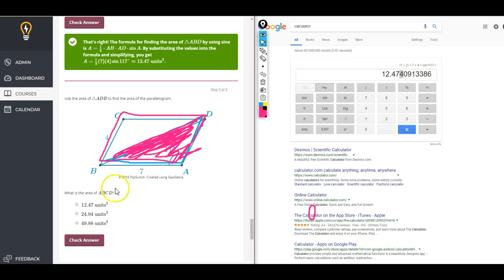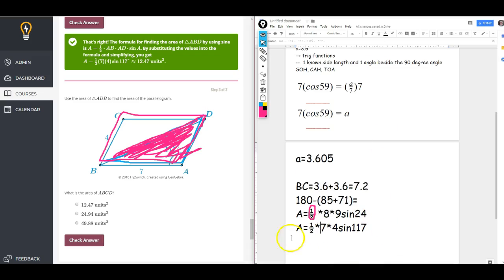So again, what is the area of parallelogram ABCD? This is why I was saying this step is kind of not necessary, because if you understand where that 1/2 comes from, it's understanding that the triangle is half of the parallelogram and we want the whole parallelogram. So to find the whole parallelogram, we would multiply it by 2.